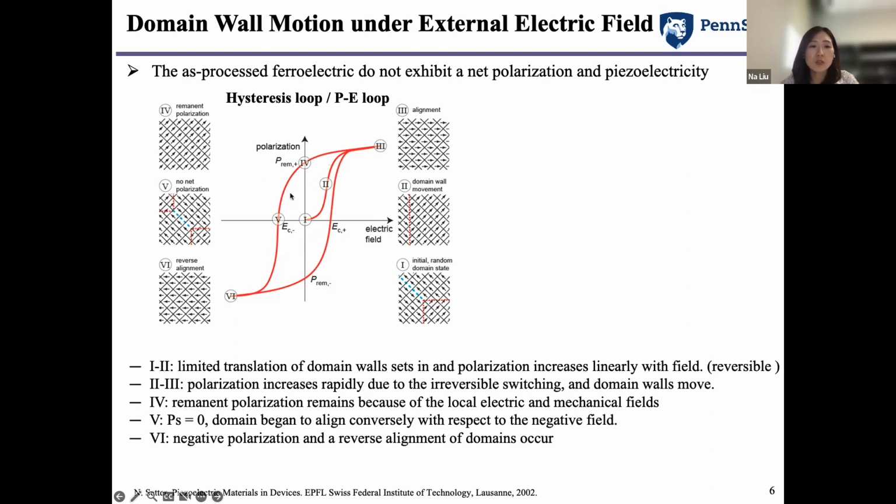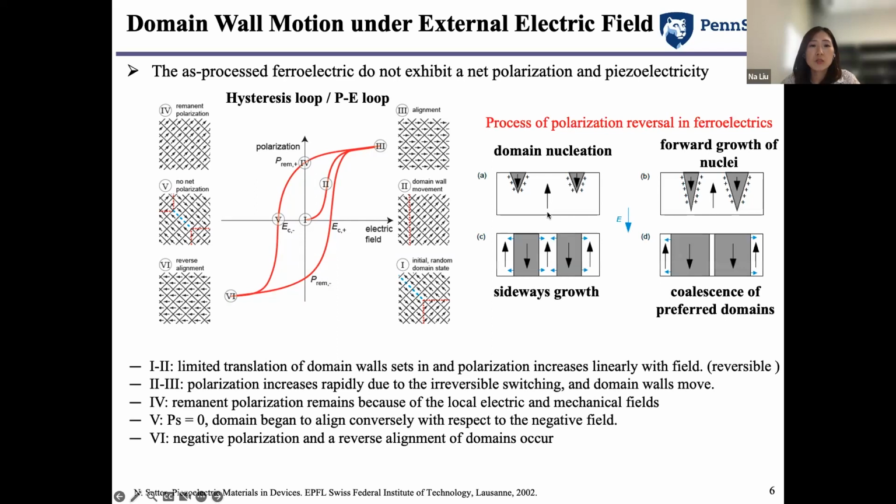By further decreasing the electric field to the negative coercive field value, the net polarization reaches 0, and the domains begin to align conversely with respect to the negative field. By further increasing the negative electric field, the negative polarization and the reverse alignment of the domains occur until it reaches the ultimate saturated situation.